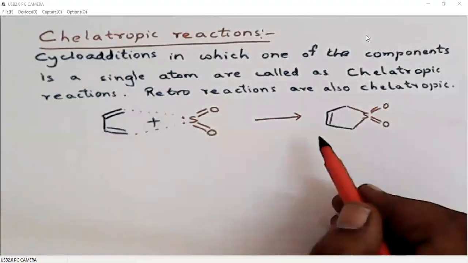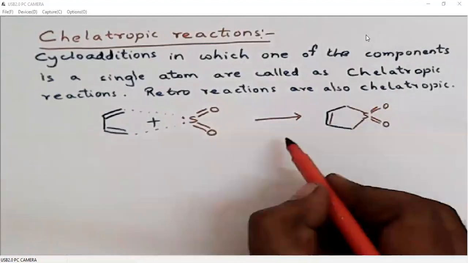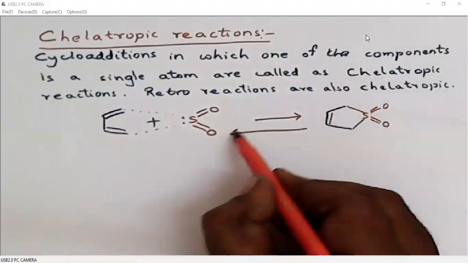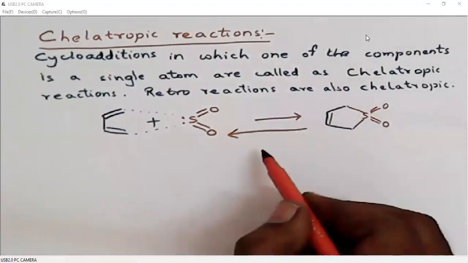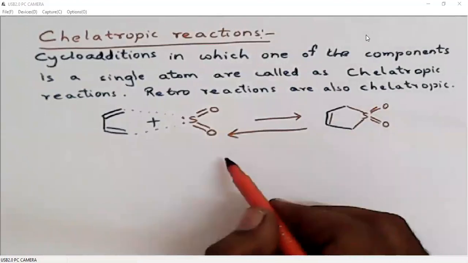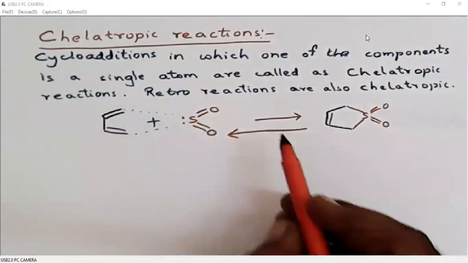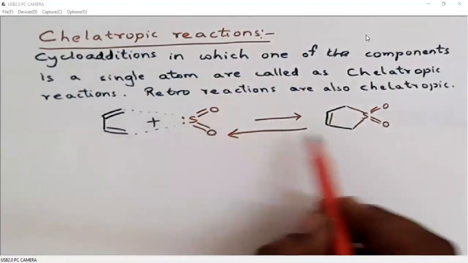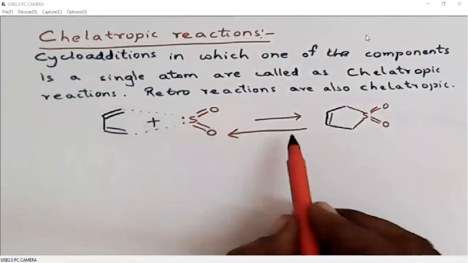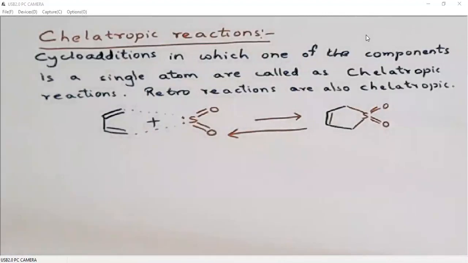Of course, when sulfur dioxide is there, it is unstable in the cyclic form, so immediately it tries to undergo a retro cheletropic reaction so that sulfur dioxide is expelled from the reaction. The equilibrium favors the backward reaction, not the forward reaction.